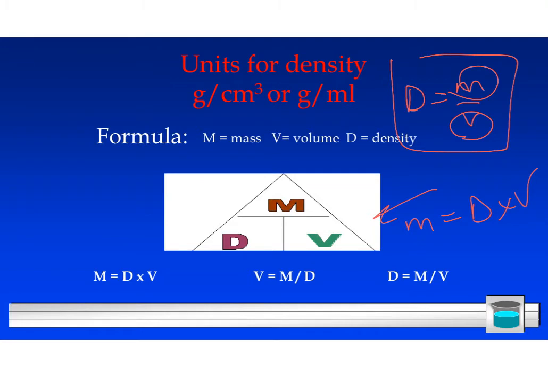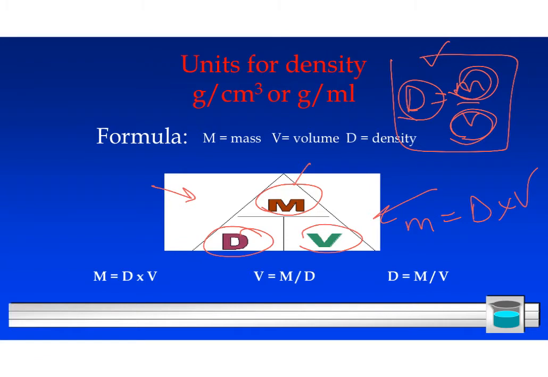And so if you've never used these magic triangles, how you use them is you put whatever is on top in the original formula, like in this case, it's mass. That has to go on top in the triangle. It doesn't matter the order of what goes on the bottom, as long as you put everything else on the bottom.